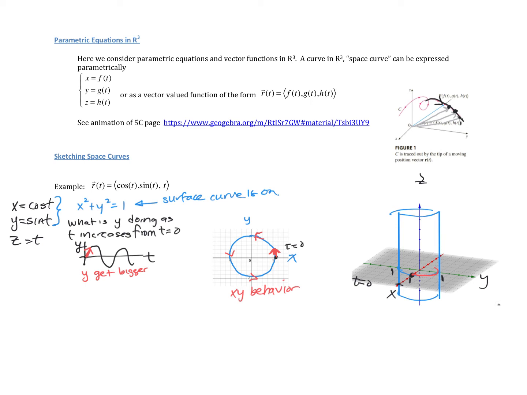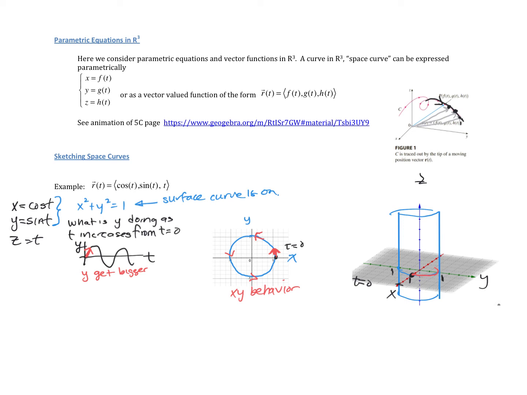Now, I don't know vertically what's going on. As I go around, am I going up and down? Am I going to infinity? I don't know the vertical motion, but I do know that the XY behavior is that we're going to be going around.